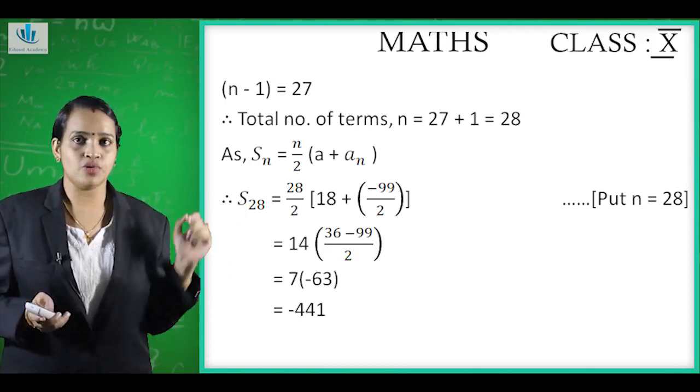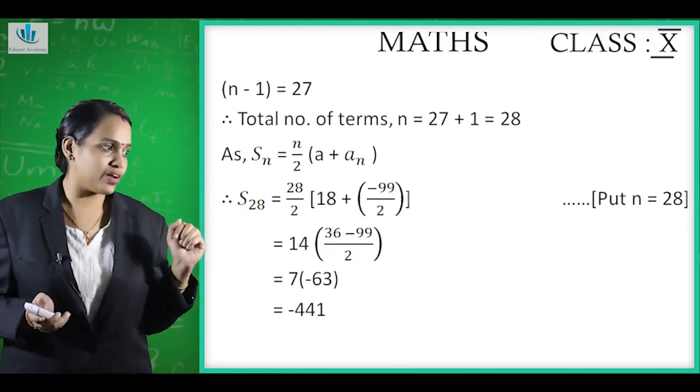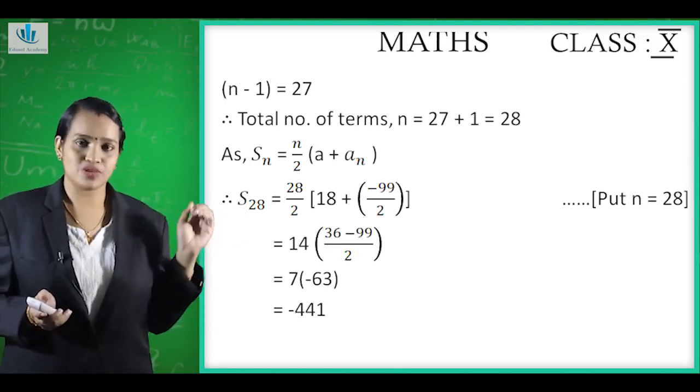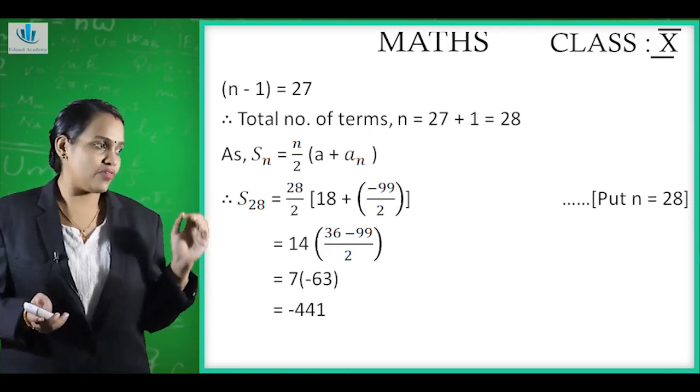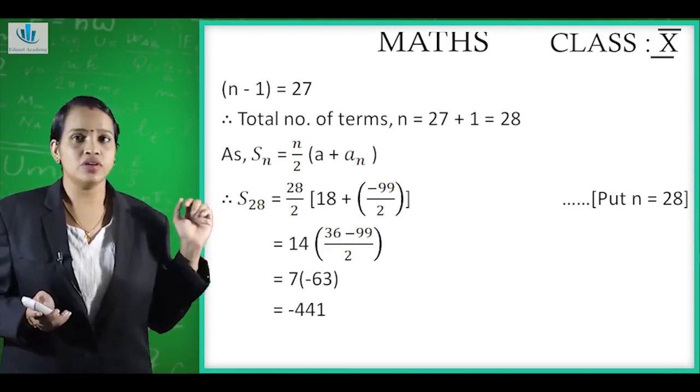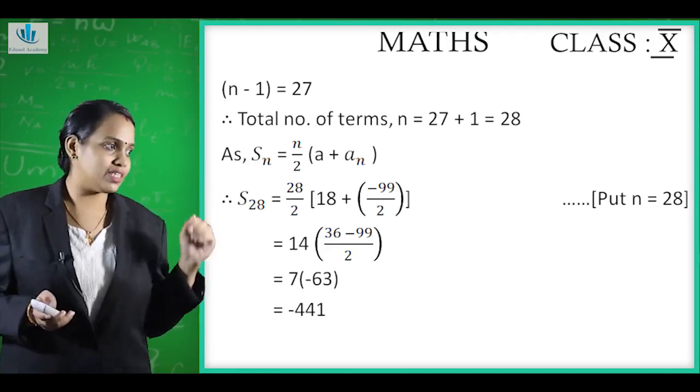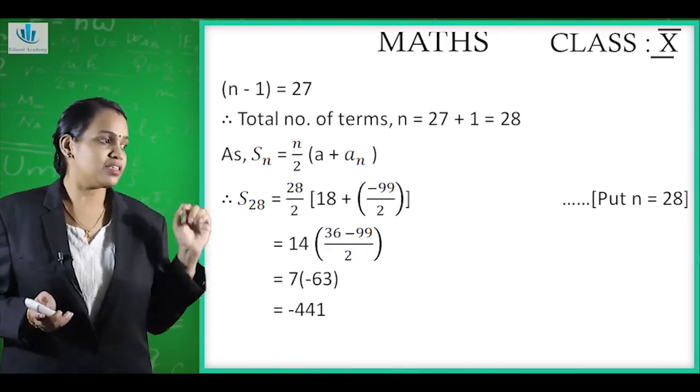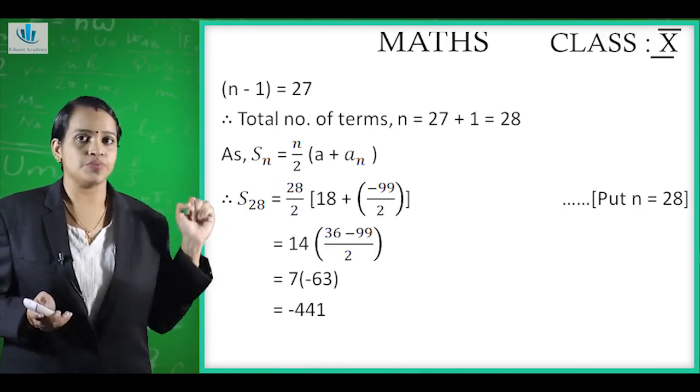Now, the formula of sum you know, Sn is equal to n/2 into (a plus an). Now we will put the value of n, that we have found out, it is 28. So S28 is equal to 28/2 into (a value 18 plus an, it is −99/2).